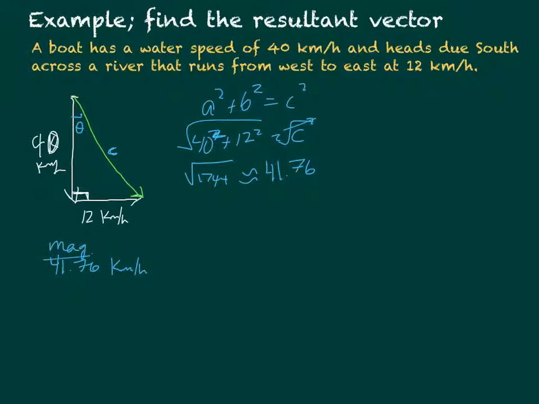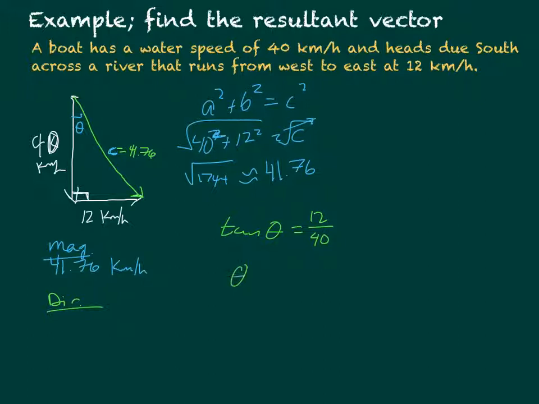Alright, now the next thing I need to find is my direction. So that's going to be my theta. Now, since I know this side is 41.76, I can use two of the sides to find my theta. If I use tangent, then I can use the ones I already know. So tangent of theta is opposite over adjacent, which would be 12 over 40.